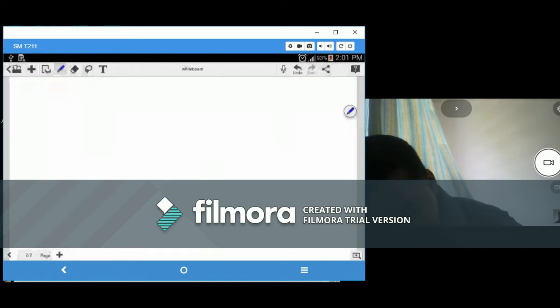We can perform the summation operation x1 plus x2.